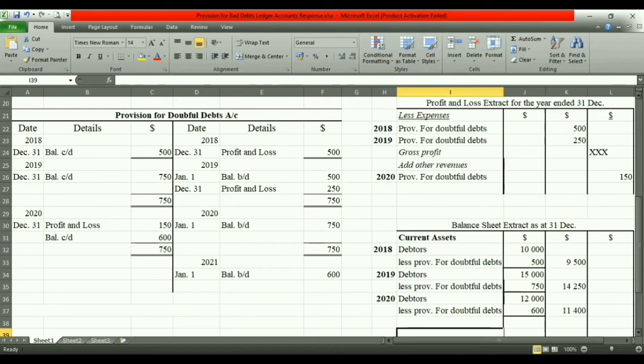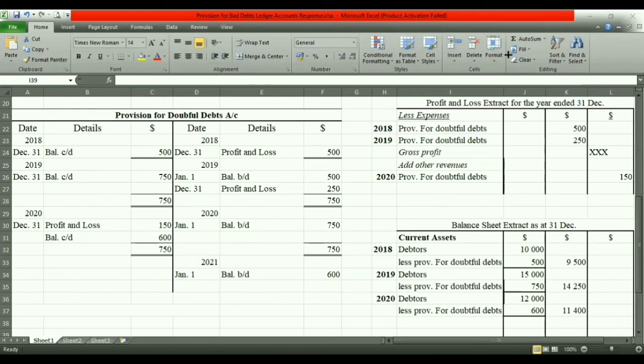They may ask you to show just for a specific year. So for example, if they say show the profit and loss extract for year 2, you would show only 2019.